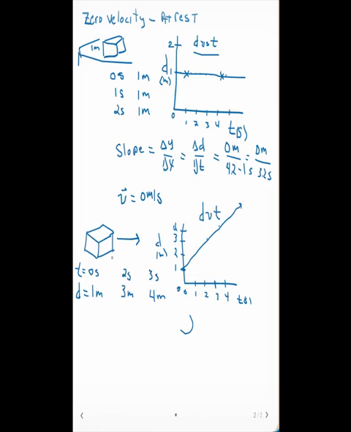When an object is moving at a constant speed, it will generate on the distance versus time graph a straight line. And the slope of this straight line, if it's distance versus time, will give you the speed of the object.